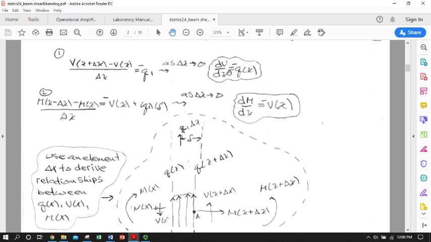And then moment, once we found shear, all we have to do is integrate again and we can get moment. So these are the differential relationships between a distributed load, a shear force at any position, and a bending moment at any position on a beam.